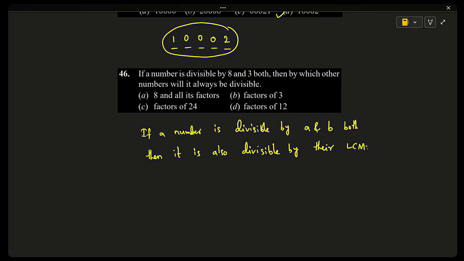So 8 and 3 we can find the LCM. 8 and 3 are co-primes. Co-primes LCM will be their product. So that is 8 into 3 is equal to 24. So it is also divisible by 24.